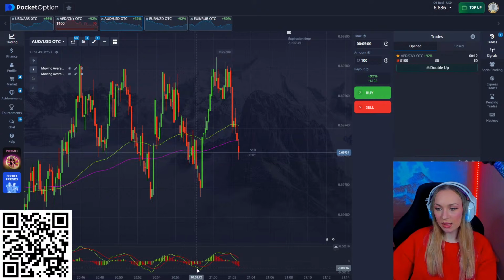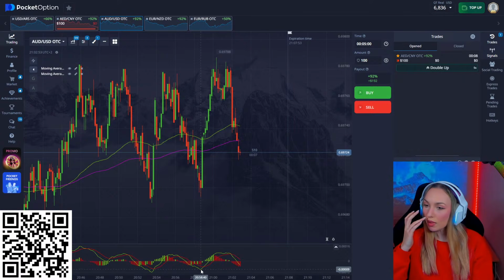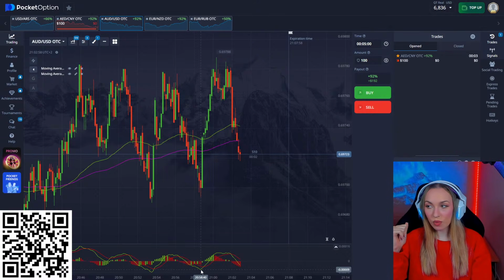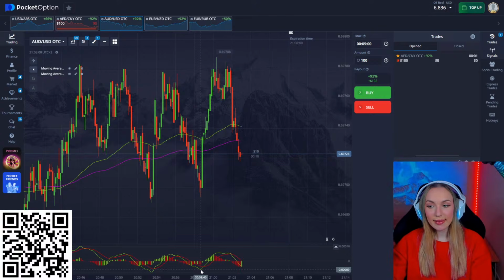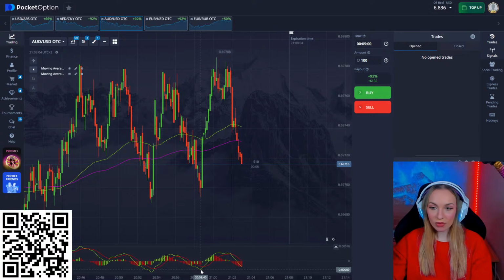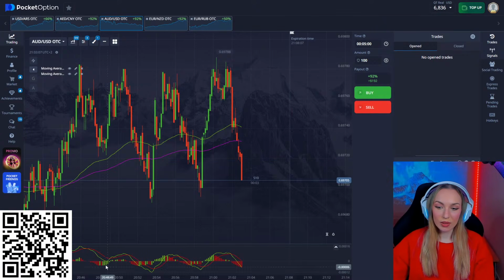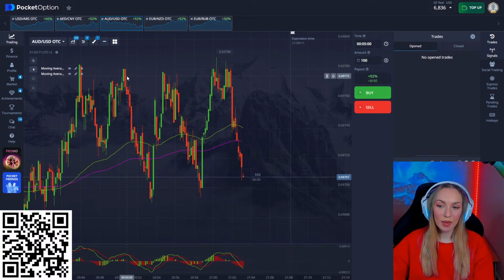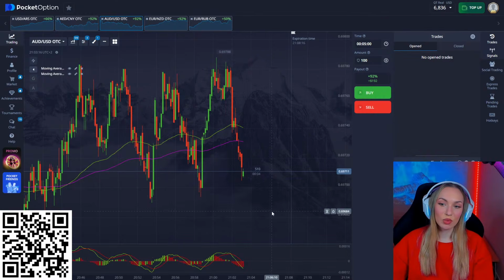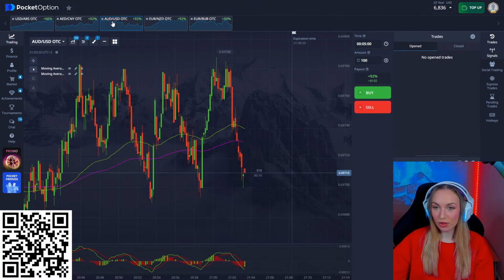At 8:56 there was a signal, and at 8:58, 2 minutes actually. I opened the trade last time for 2 minutes, and it was still not profitable because I opened it here and the price went up and only then it went down. And right now it moves perfectly. Right now it doesn't move with these corrections, right?